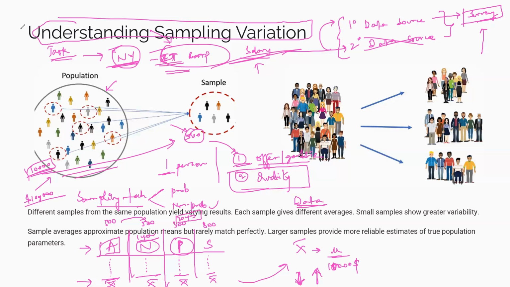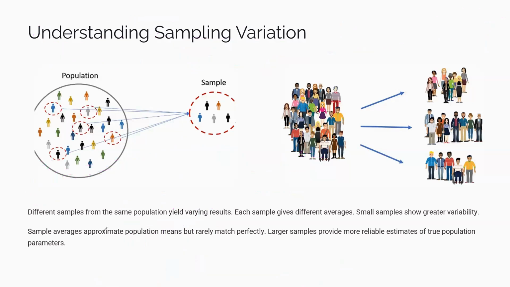This is the challenge for inferential statistics. Different samples yield different results. How do I overcome this? This is point number one.